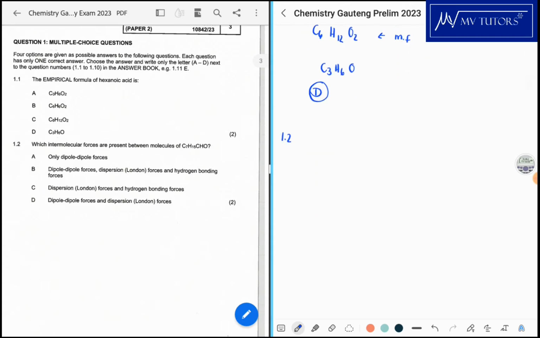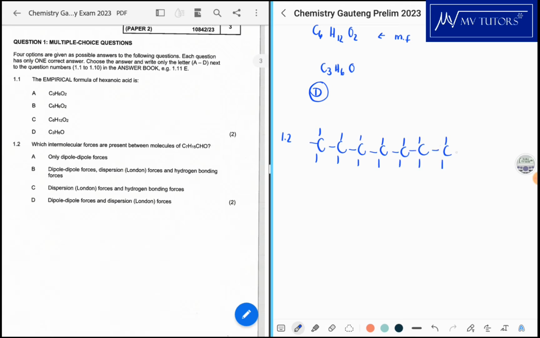Alright, and then 1.2. Which intermolecular forces are present between molecules of C7H15CHO? I would suggest you draw the structural formula for this so that you see what is happening. So we have 7 carbons over here, 1, 2, 3, 4, 5, 6, 7, along with the hydrogens accompanying those carbon atoms.